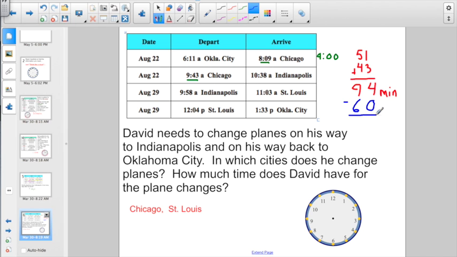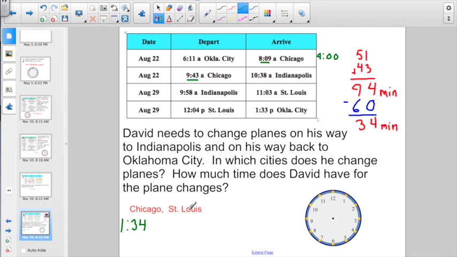Subtract our 1 hour, and find out how many minutes we have left. So I took away 1 hour off of this 94 minutes, and that left 34 remaining minutes for a grand total of 1 hour and 34 minutes for a layover in Chicago.